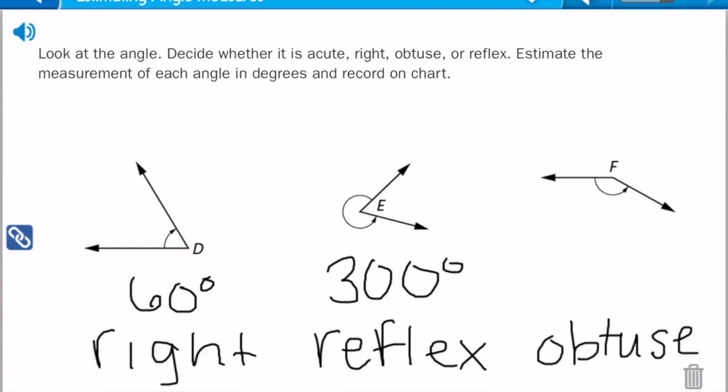It's an obtuse angle. So I'm looking here, and I'm thinking, if it was a straight line, it'd be about 180 degrees. And I notice that it's almost a straight line, but it's not quite. So I'm going to take a guess and say that it's about 150 degrees.